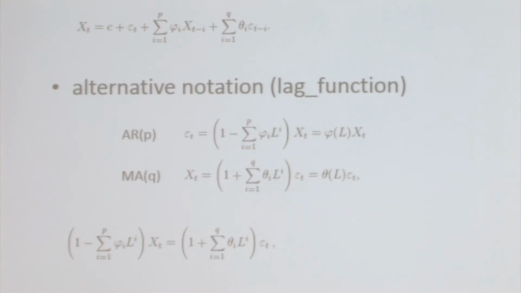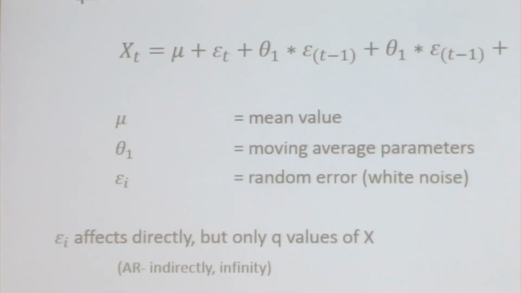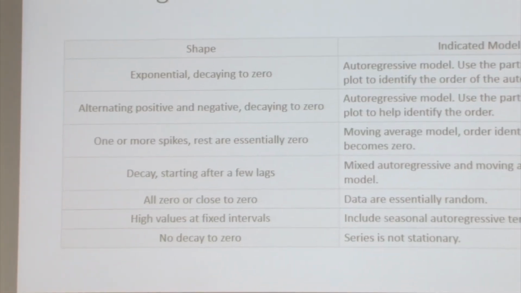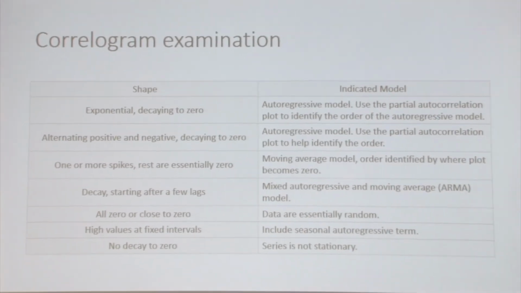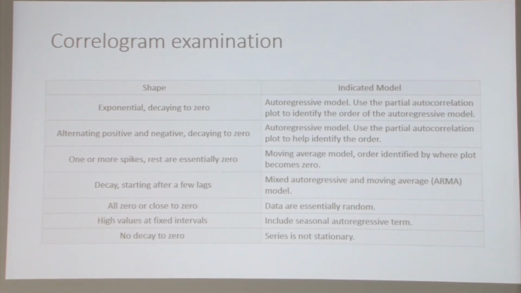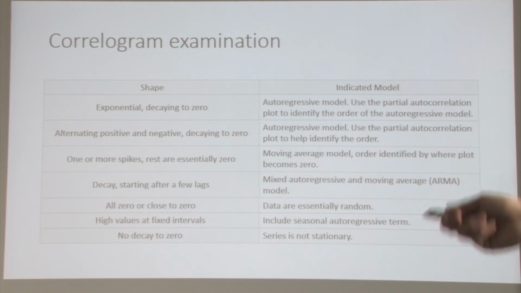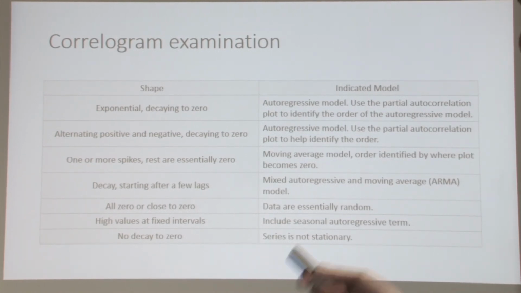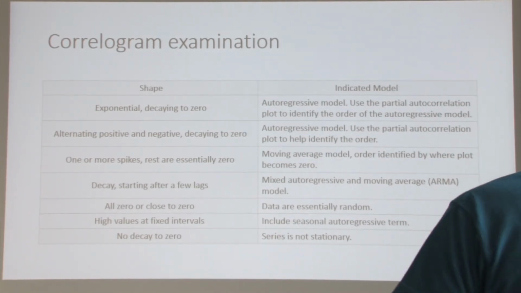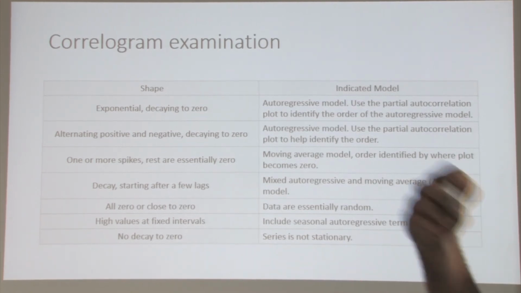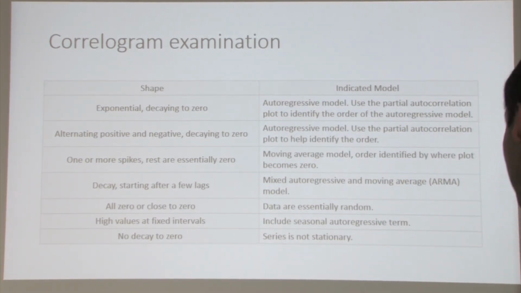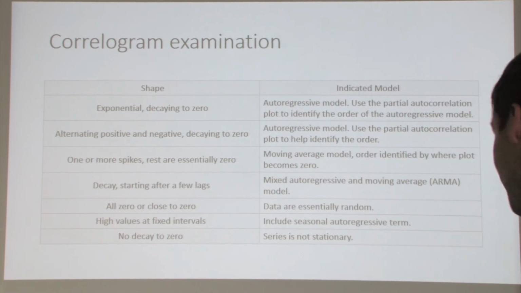It is on this slide. You can see that if the shape of the correlogram is exponentially declining, the partial correlogram will show us the order of the autoregressive model which we will use.